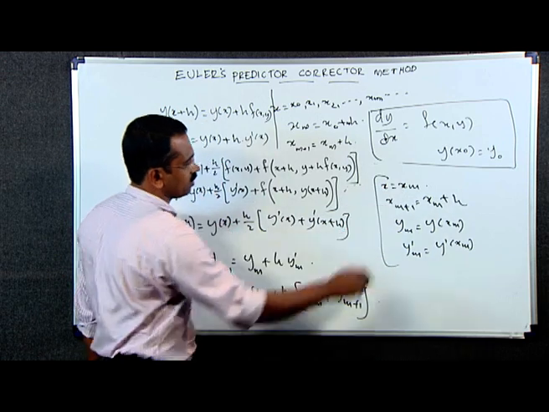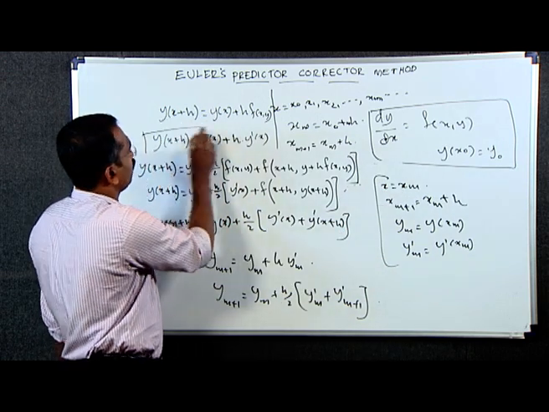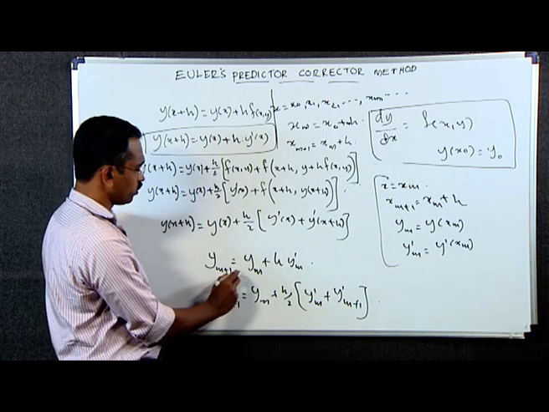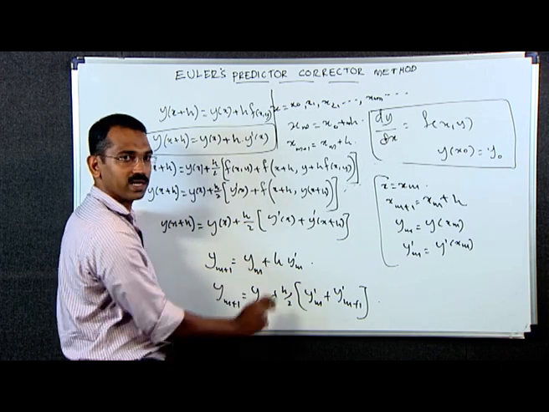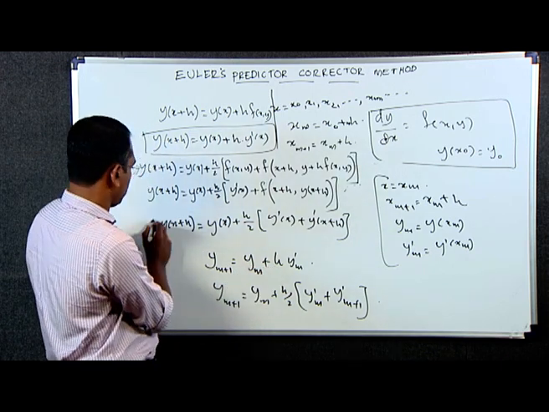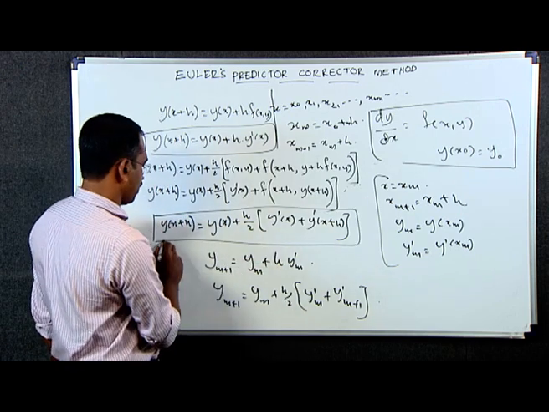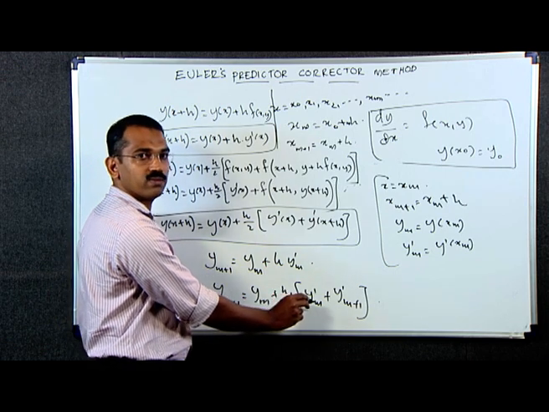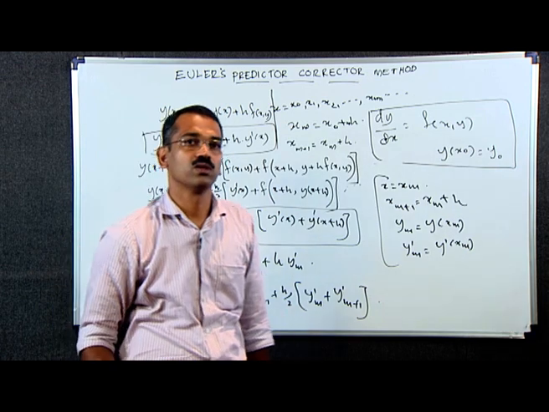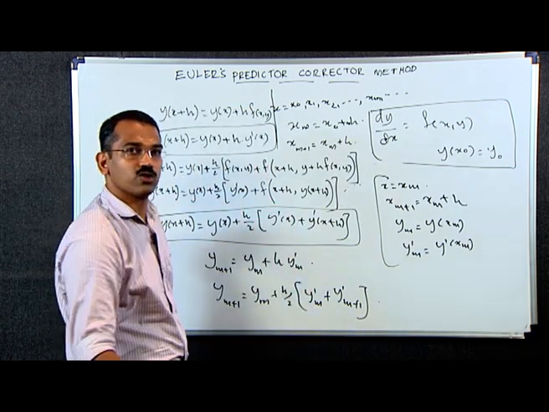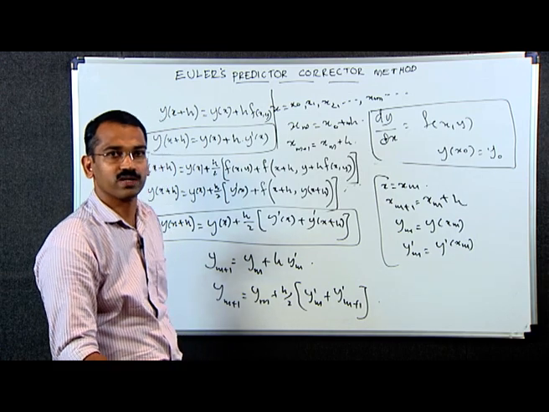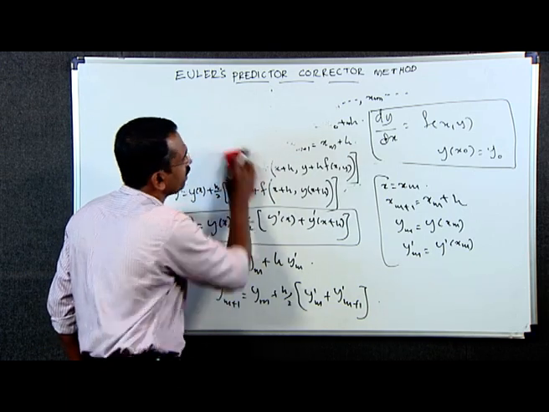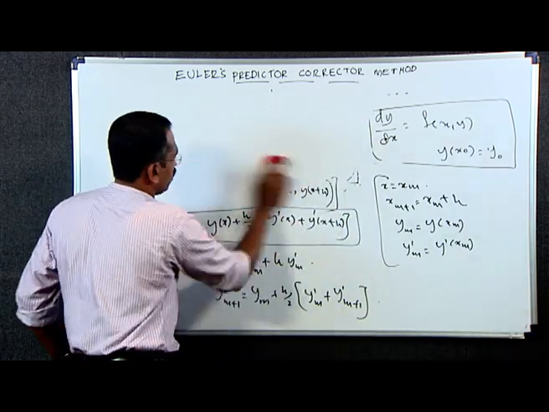By using these notations, we can write y(x+h) = y(x) + h y'(x) as y_{m+1} = y_m + h y'_m, and this expression can be written as y_{m+1} = y_m + (h/2)(y'_m + y'_{m+1}). This formula can also be derived using the trapezoidal rule of integration as follows.